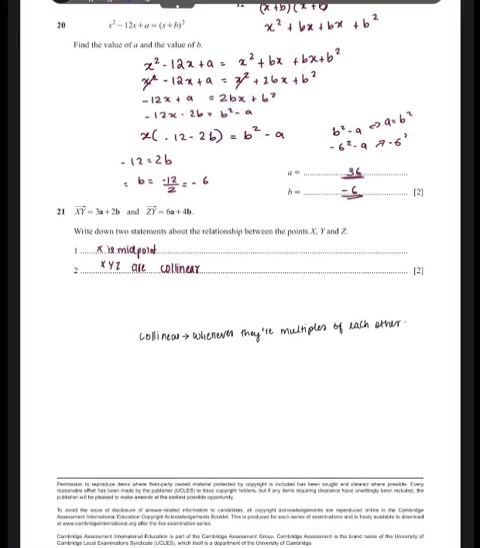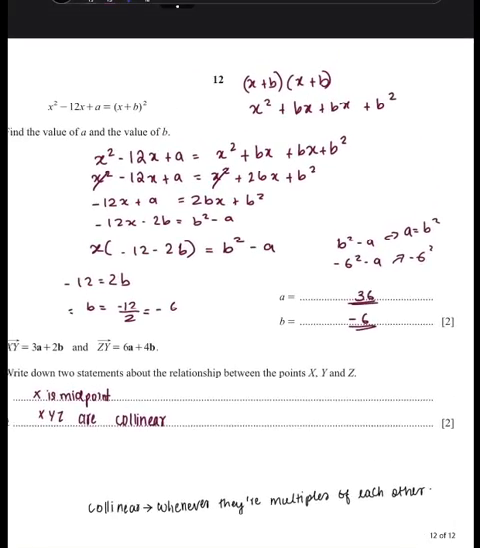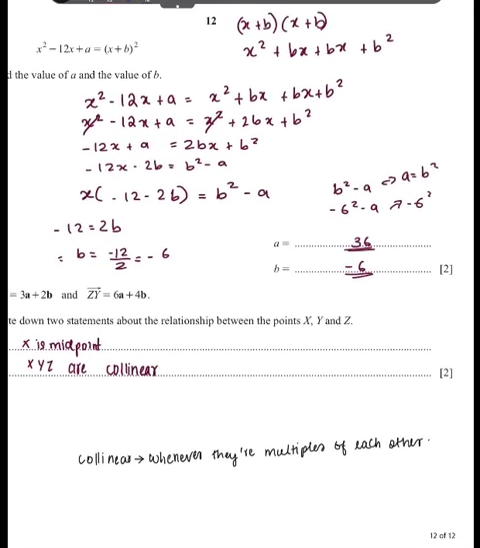Question 20. x squared minus 12x plus a is equal to (x plus b) squared. For this, (x plus b) squared means (x plus b)(x plus b). Now you have to expand it: x into x, x into b, b into x, and b into b. So you get x squared plus bx plus bx plus b squared.